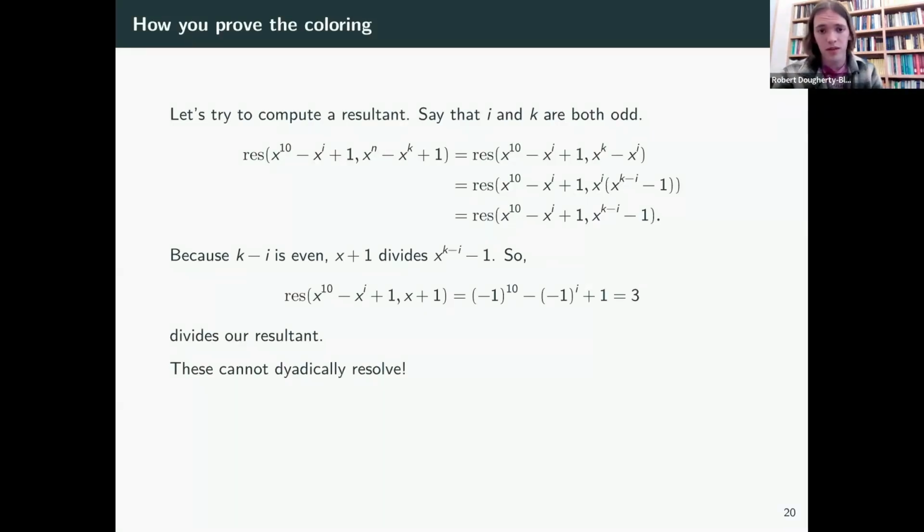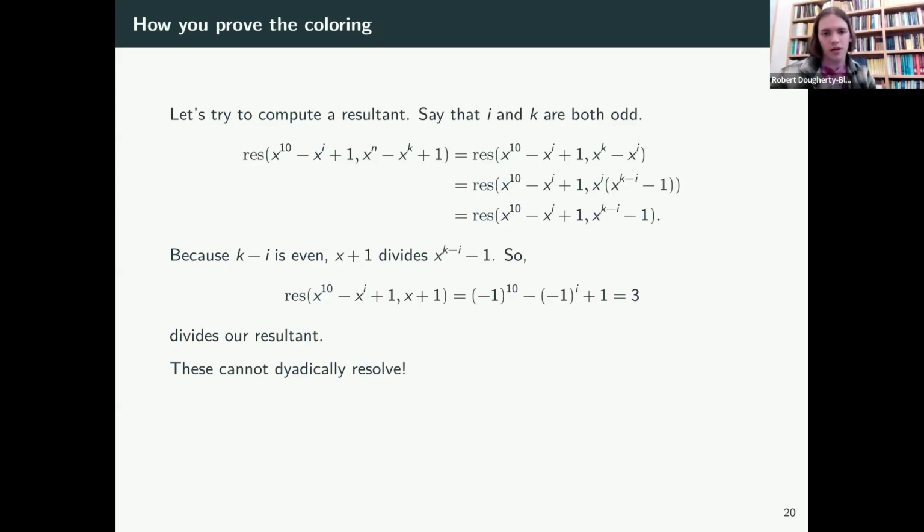There's only one root of x plus 1. It's negative 1. So you plug that back into the trinomial. And when you do that, you end up getting 3. You get 1 minus negative 1 plus 1. That's 3. Which means that our resultant here is divisible by 3. So it cannot be a power of 2. In other words, this is not a dyadically resolving pair under the stipulations that we've given.